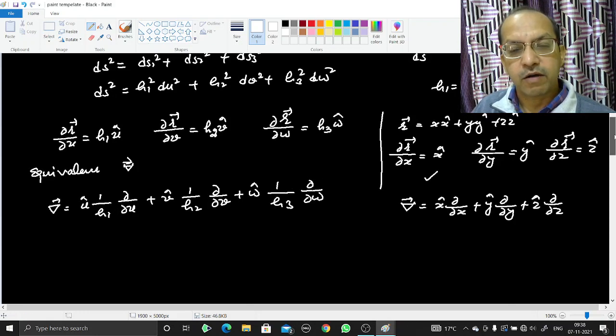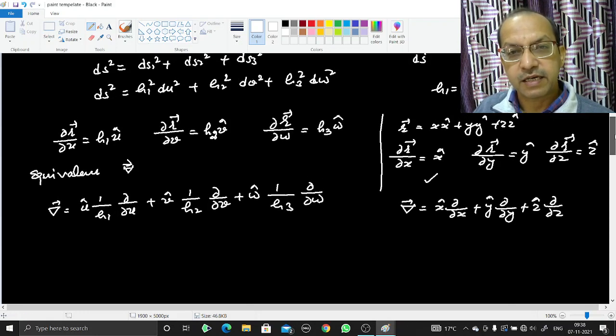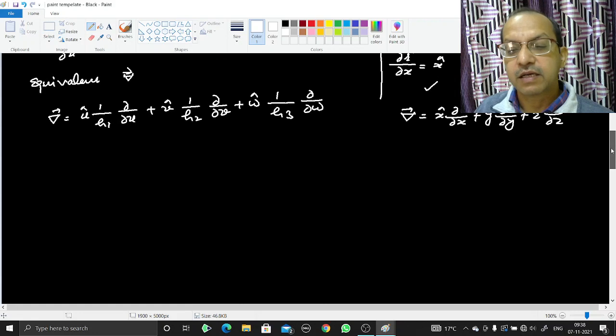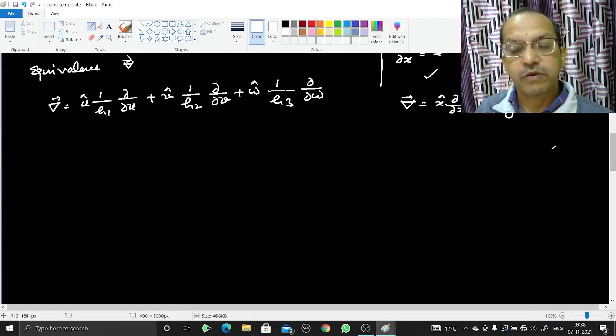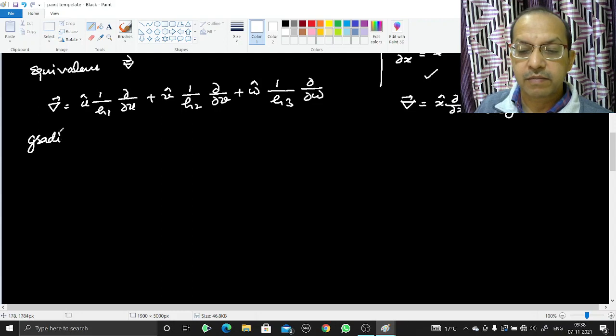Now here we will also write the expression for gradient, divergence and curl in the curvilinear coordinate system. We will not provide the derivation here. Gradient of a scalar psi. It means gradient of psi in curvilinear coordinate system.